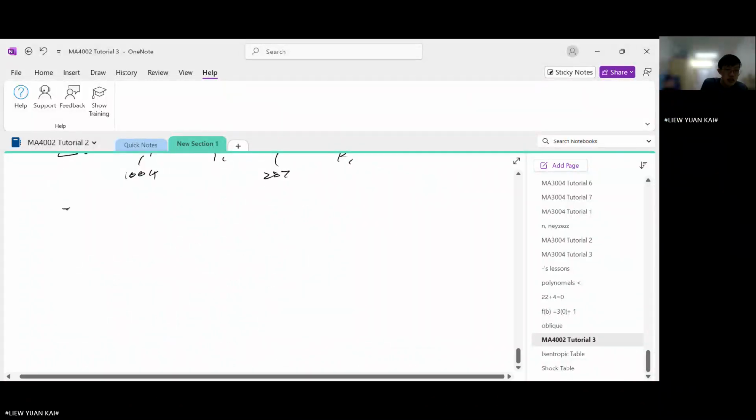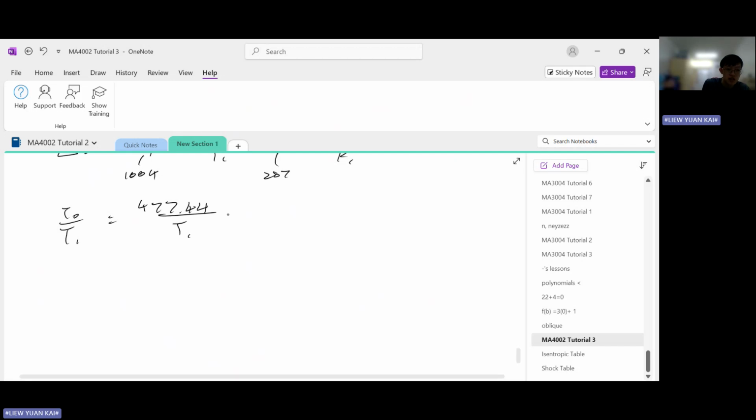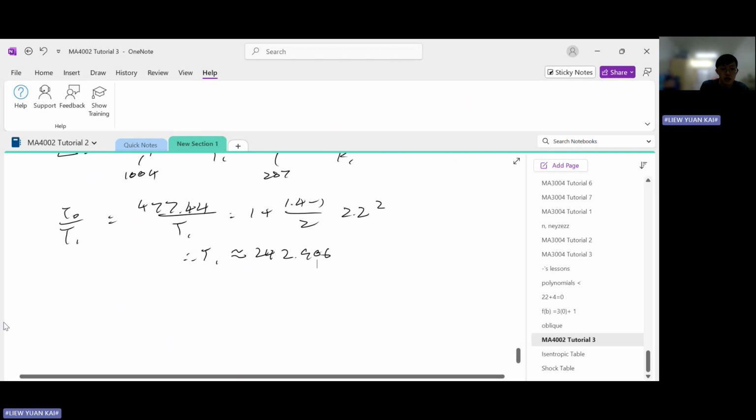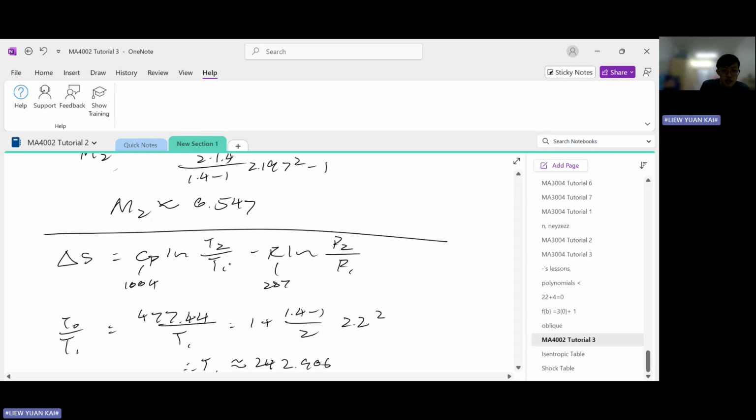Okay, so T0 over T1 is equal to, we're given the stagnation pressure, and we're given this formula. Okay, so therefore we can find that T1 has a value of 242.906. Okay, so we found T1 already.